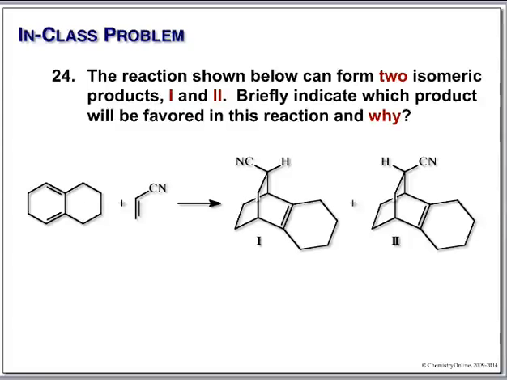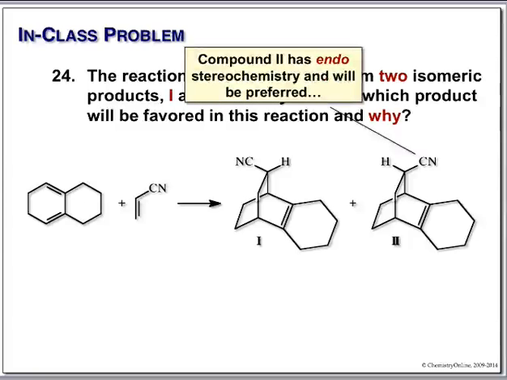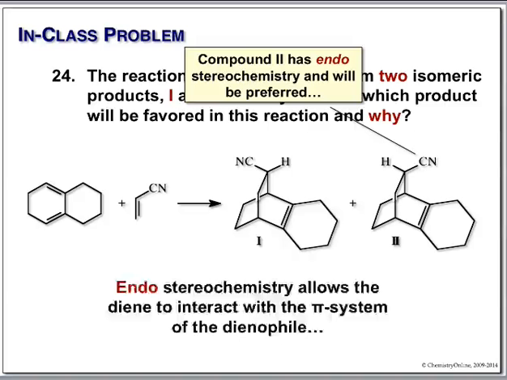Here it's pointing towards it. This is favorable, so we're going to get isomer number 2. And frankly, then, I ask you to use your words. This is always fun on an exam. Why? Because the pi system on our dienophile can interact with the pi system on the diene.